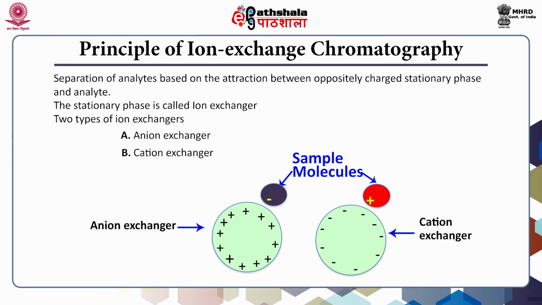Whenever two different kinds of positively charged molecules encounter on the surface, the higher strength positively charged molecule can replace the lower strength positively charged molecules. That is why there is an exchange of ion from one cation to another cation on the surface of the cation exchanger. So, this is the major principle of ion exchange chromatography.